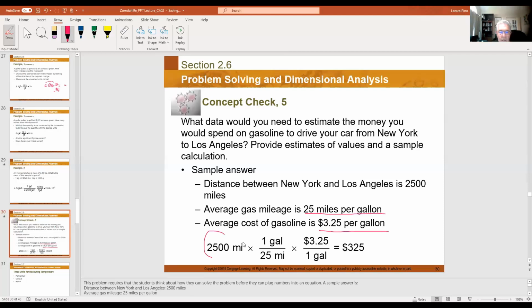The given number is the distance, and you need money. How can you go from miles to money? Well, first you have to convert miles into gallons. And later you cancel gallon with gallon using this conversion factor, and you get money. That is what you need in your answer. Then you multiply this by this and by this, and you divide by this and then by this. This is the answer.